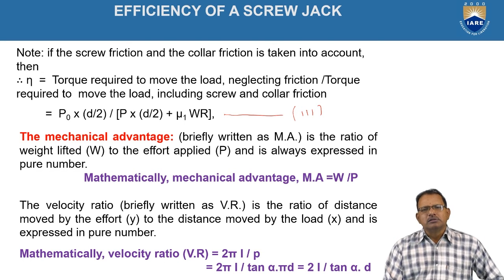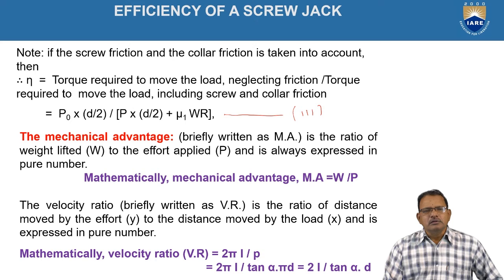For 1 revolution, the distance moved by the lever is equal to 2 pi L. The distance moved by the load is equal to the pitch of the screw p. Hence, the velocity ratio is given by 2 pi L divided by p.